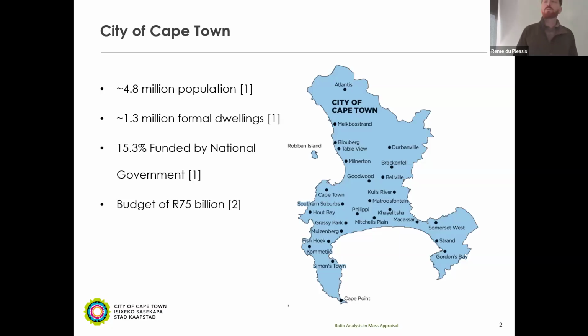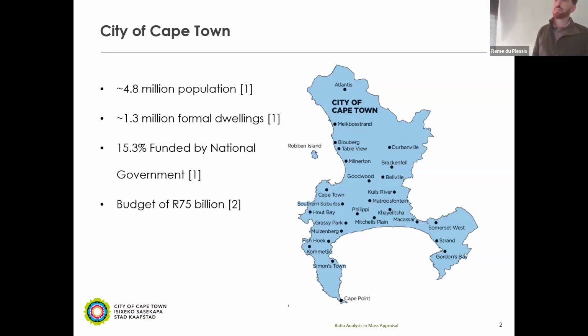So each one of these dwellings must by law be appraised, get a valuation, and that is what your property taxes are based off of. To give you an idea, about 15.3% of our funding comes from national government. So that is allocated from the money that you paid to SARS, etc. And we have a projected budget of 75 billion rand.